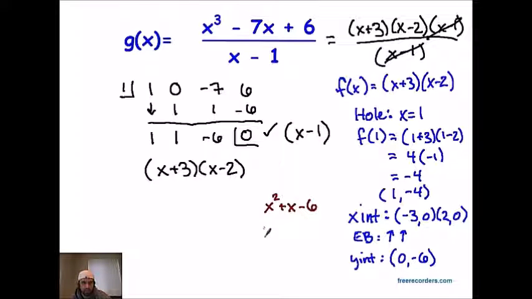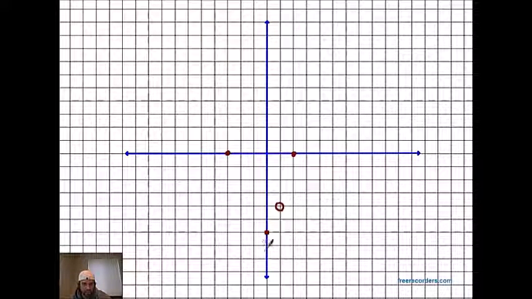Okay, if we used our negative b over 2a to help us find the axis of symmetry, we'd see that we'd have negative 1 over 2. So as we expect from this picture, somewhere around here, okay, there's going to be our vertex, and then we have this axis of symmetry. So this is going to be a reflection point. This would be a reflection point, and this is enough information to help us graph.